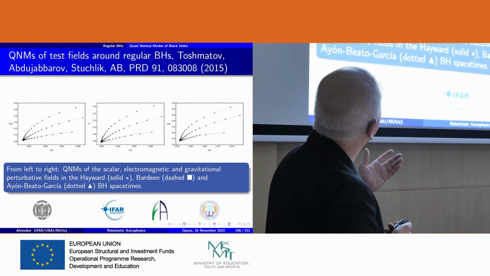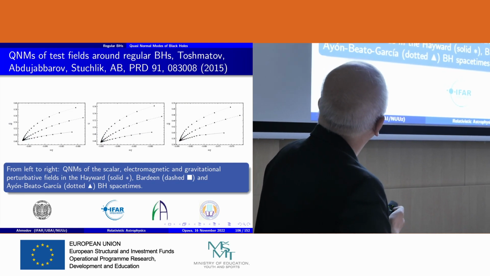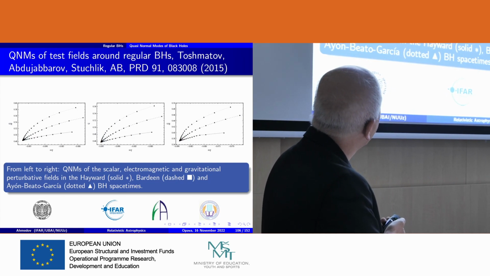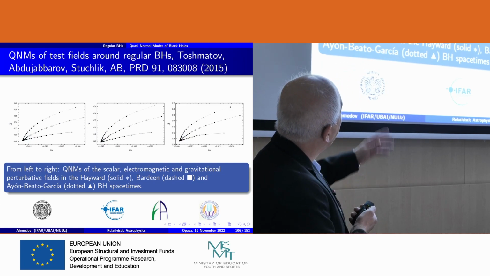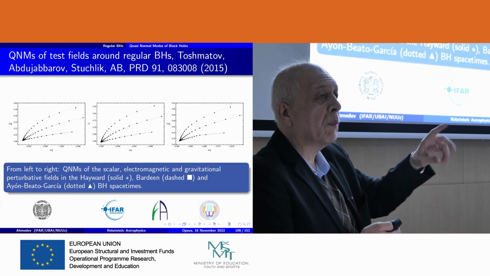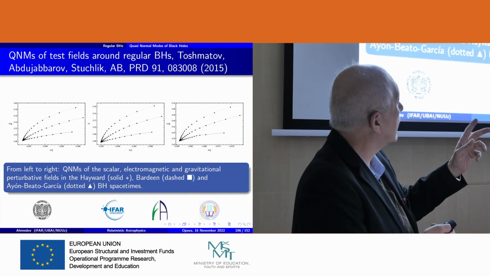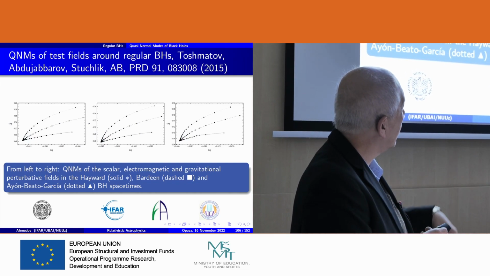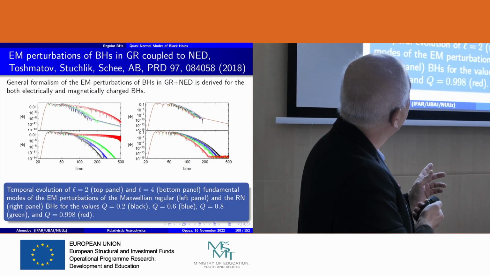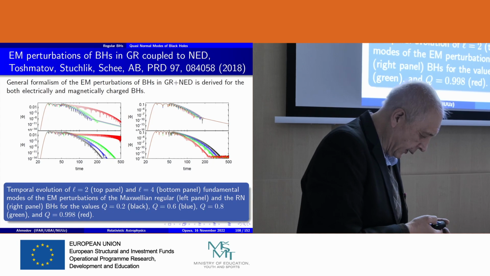So we were looking at how different scalar, electromagnetic and gravitational radiations decay. When we calculate the frequencies, they have an imaginary and a real part. The real part is the frequency, and we compare with the Schwarzschild case. What was interesting here?